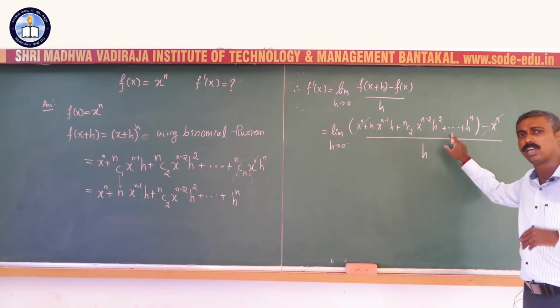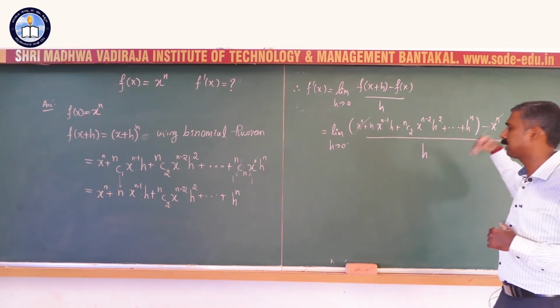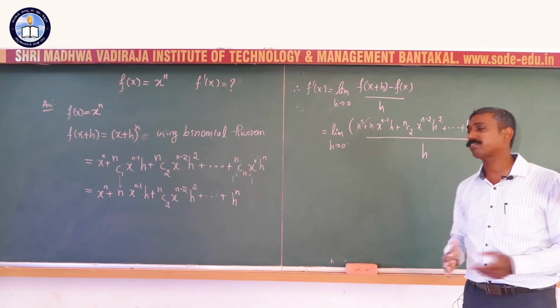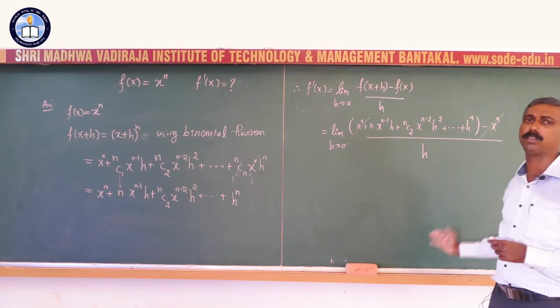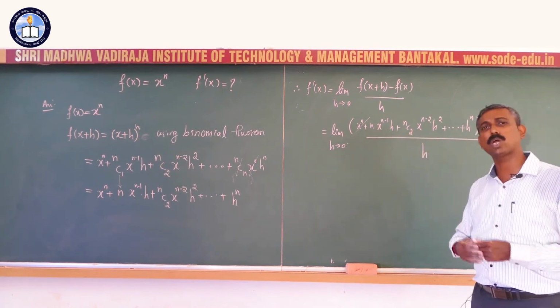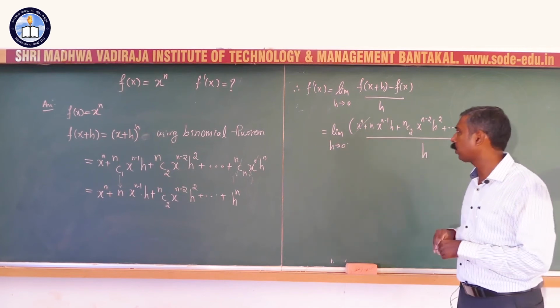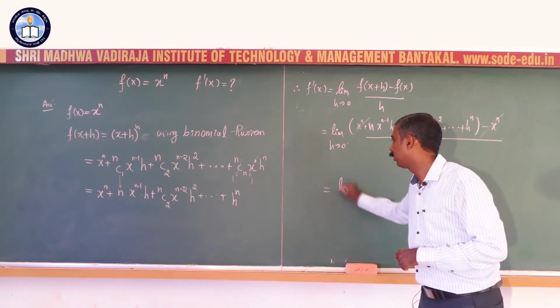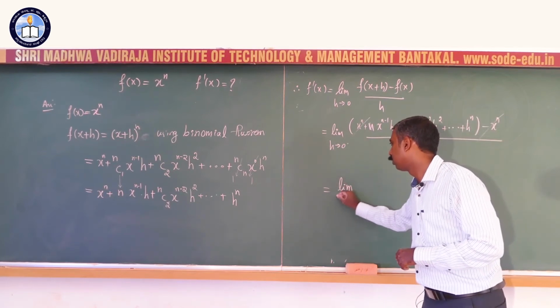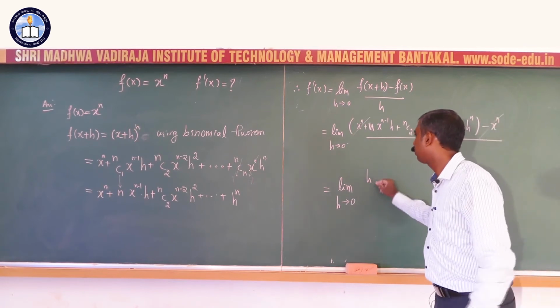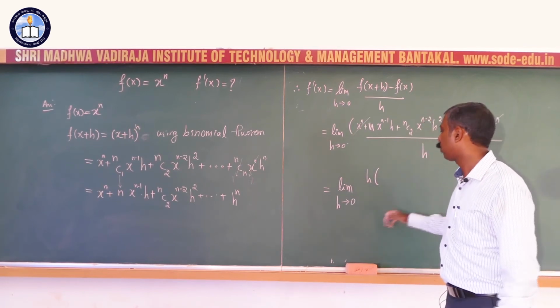Next, h cube, h power 4, h power 5, h power 6, etc. So, powers of h are present in every term. So, next step, can I take that h outside? If you have thought about that, yes, you are absolutely right, you can take that h outside. That is what we did in the x square case also, same thing we will do, we will take h outside. So, what remains inside?